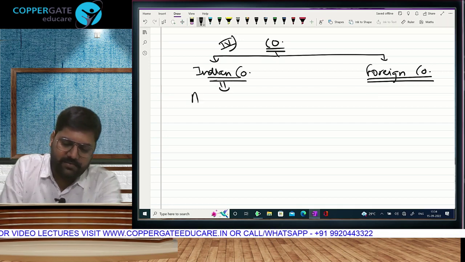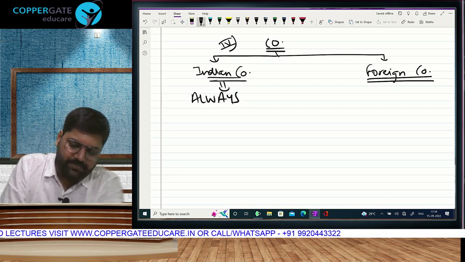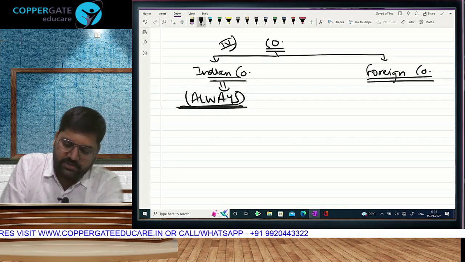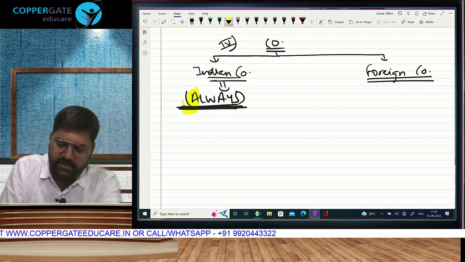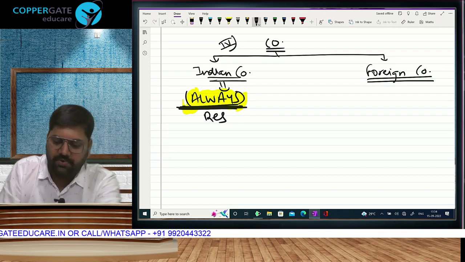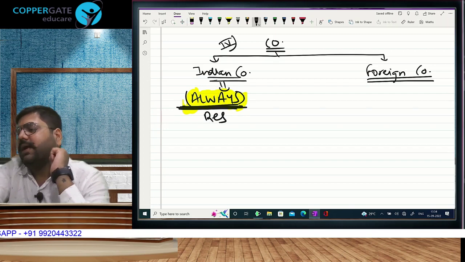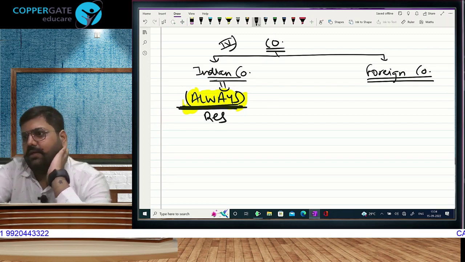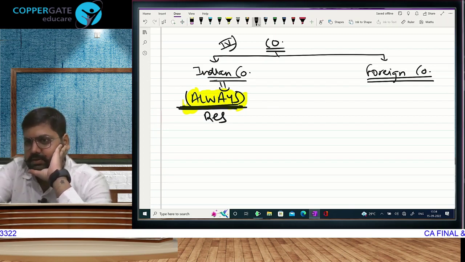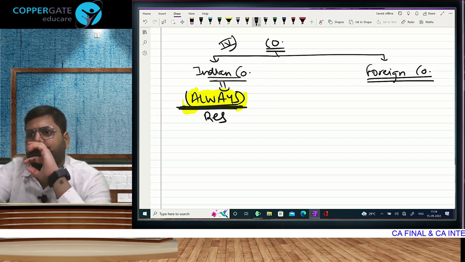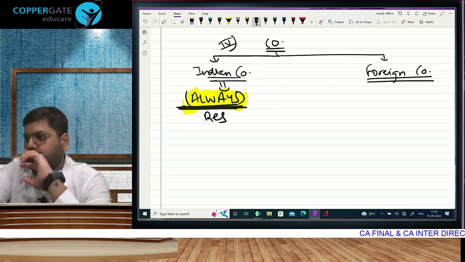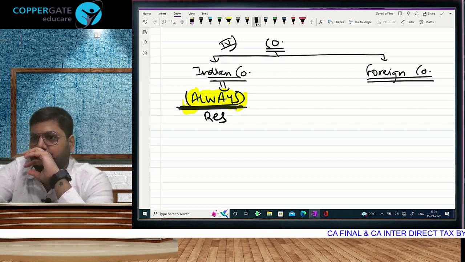So, ladies and gentlemen, an Indian company will always be resident. Always resident. Sir, 99 decisions in India, 1 outside India? Resident. 1 decision in India, 99 outside India?